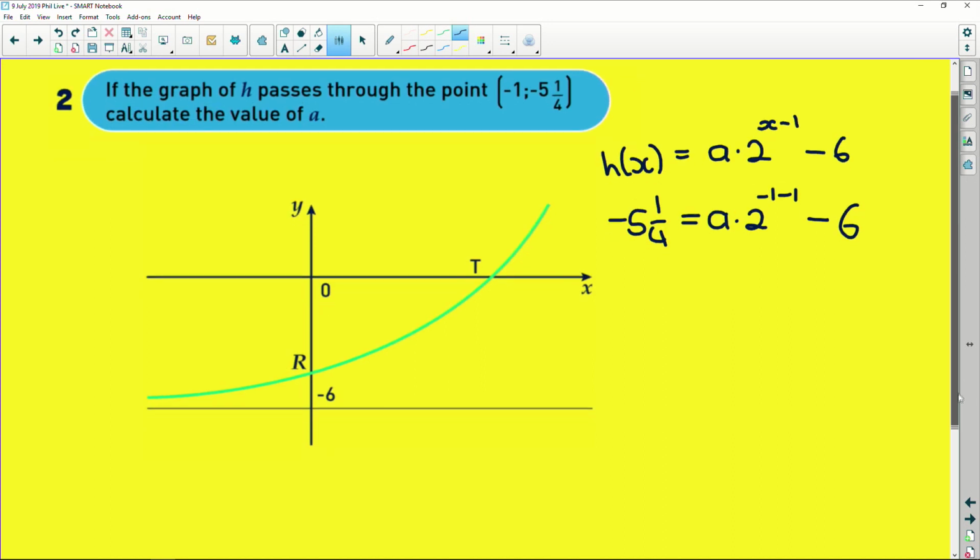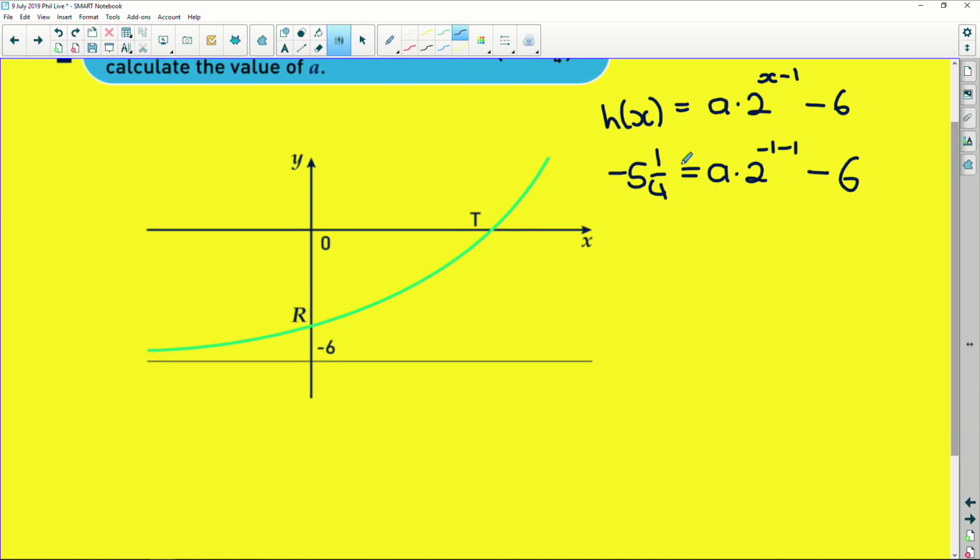So let's keep working with this. If we change this into an improper fraction, -5 multiplied by 4 is -20, minus 1 is -21 over 4. a multiplied by, well, we're going to get 2 to the power of -2, because remember, -1 minus 1 gives us -2.